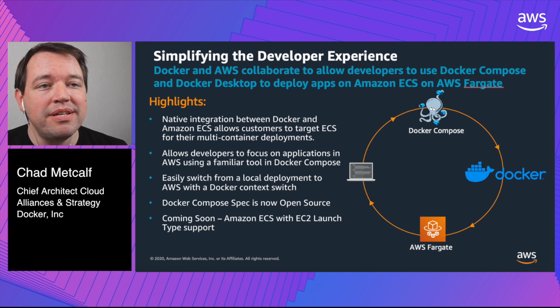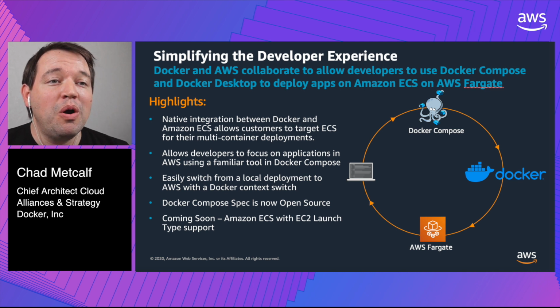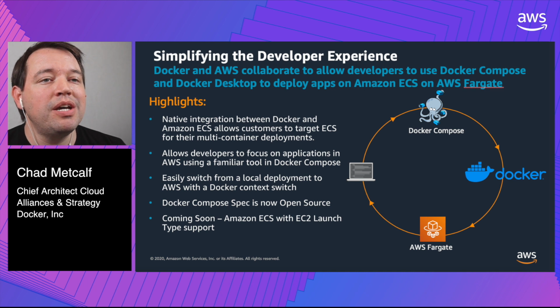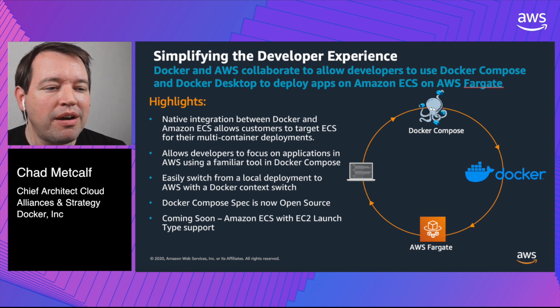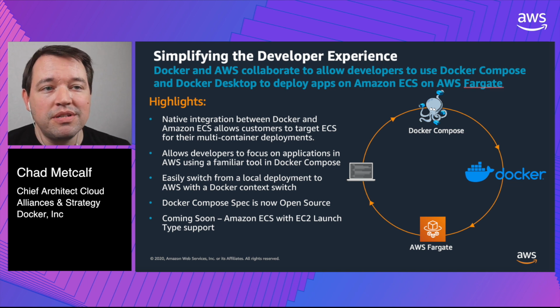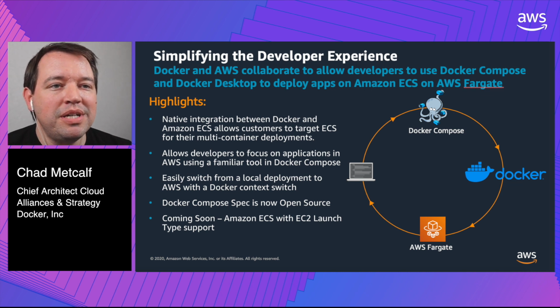One important step to this is Compose. And a precursor to the work that we were doing with AWS was open sourcing of the Compose specification. So Compose has been with Docker for a long time. I remember when the folks at Fig, which is the predecessor to Docker Compose, joined Docker, and it went from Fig to being Docker Compose, and that was a long time ago.